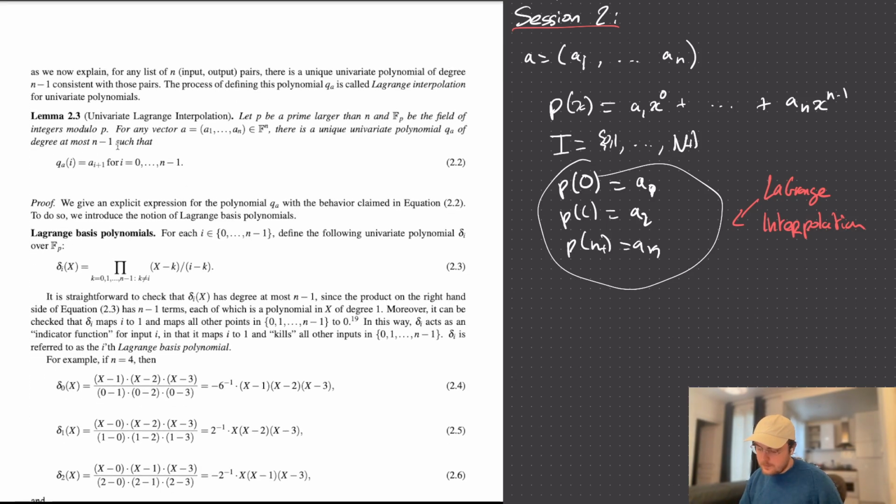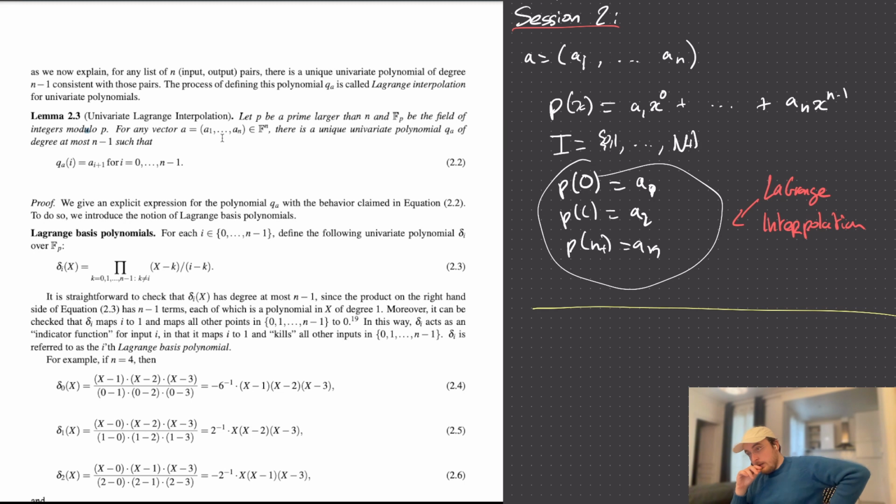So let's write this lemma quickly, or read it at least. Let p be a prime larger than n, and Fp the field of integers modulo p.